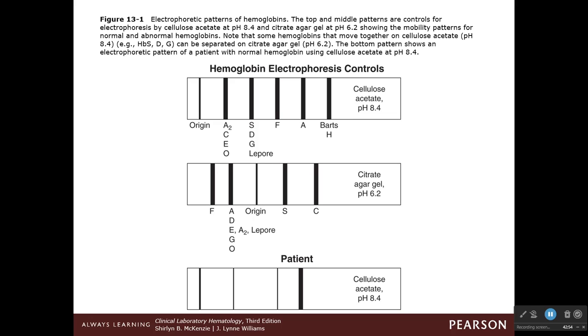All right, so this is my sample, okay? Here's one thing I haven't told you guys. So if you looked at this thing sideways, okay, what you would see is you would see a well right there, depending on how deep it is. And what you do is you would pipette your blood into that well.